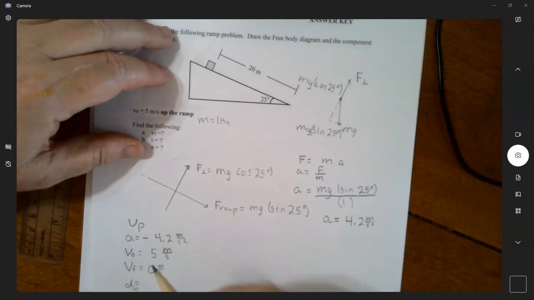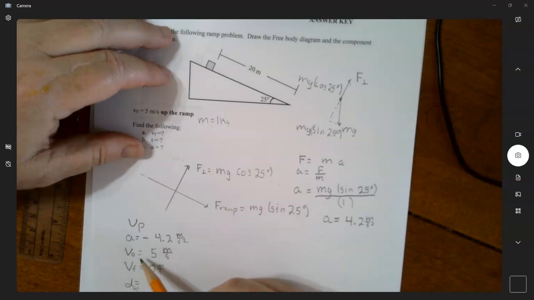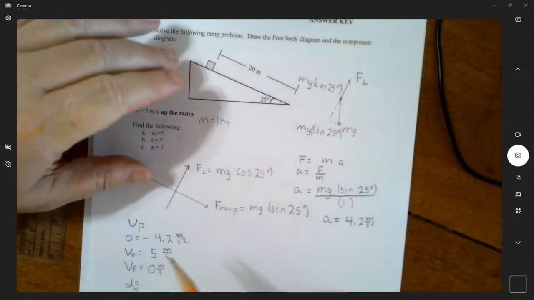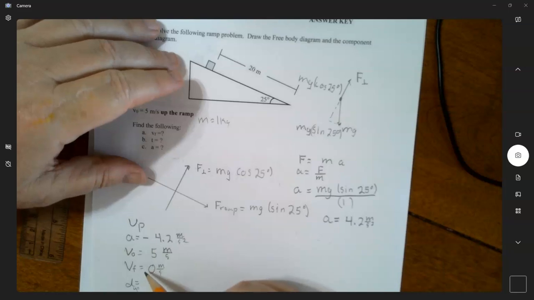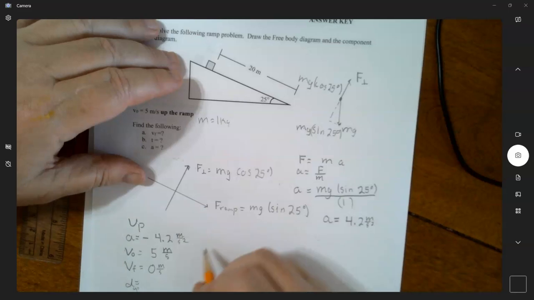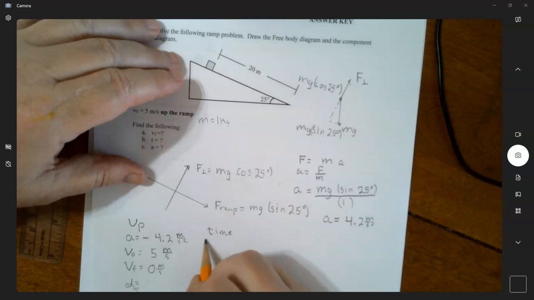Okay. So what can we figure out? Well, distance equals 1/2 a t squared, but we don't know the time. So we can figure out time first if we want. We have VF, V0, and A. So we're going to figure out time over here.